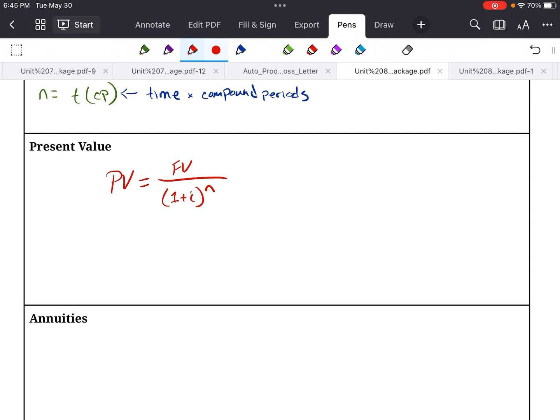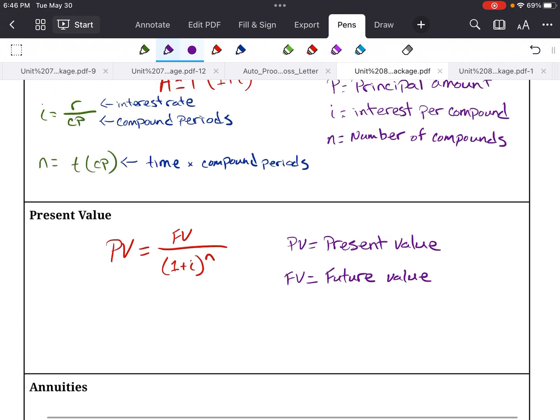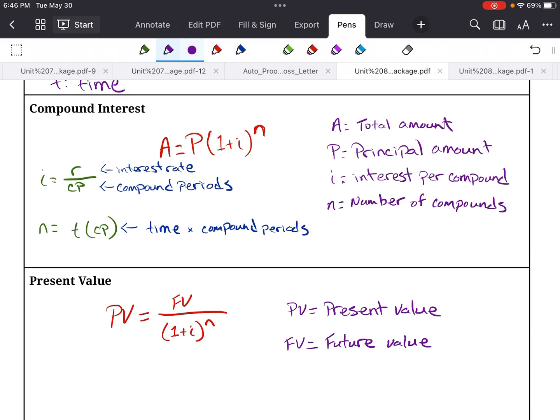PV equals present value. FV equals future value. And FV is pretty much the same thing as the A above in the compound interest formula.